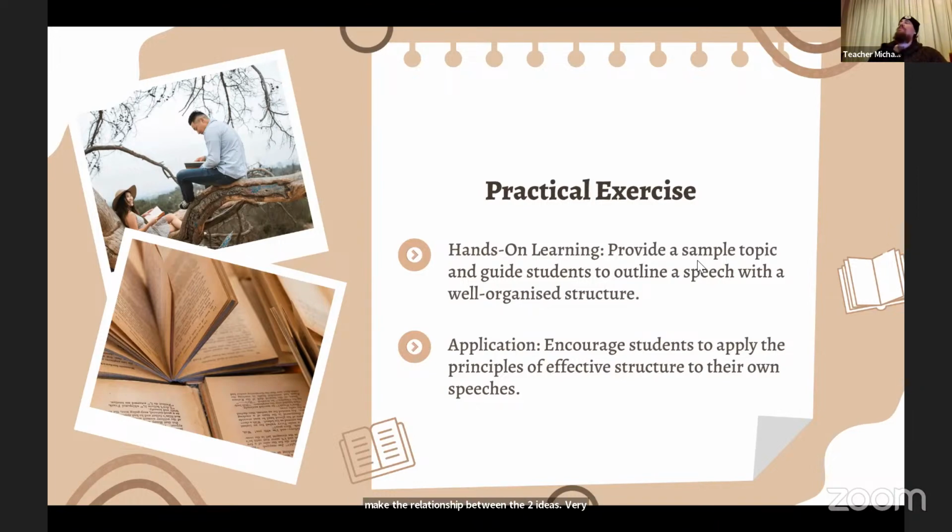For example, if I was talking about pineapple on pizza, a good transition would be, topic 1, idea 1: pineapple belongs on pizza because pineapple complements the flavor of cheese very well. Now, a bad transition would be: pineapple is also great as a dessert because you can fry it up and serve it with sherbet and it's a great sweet and sour dessert.